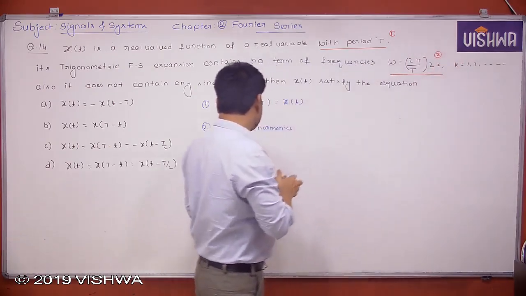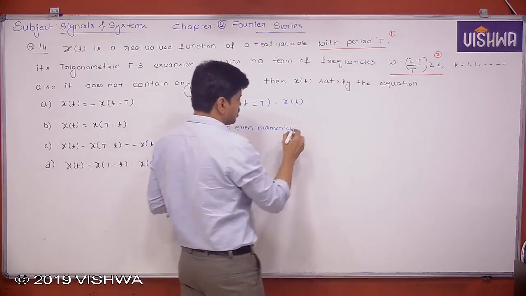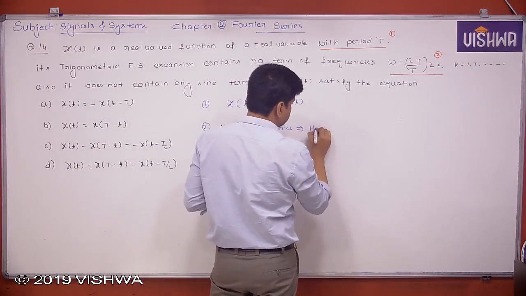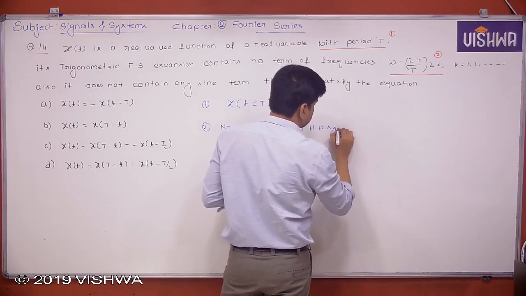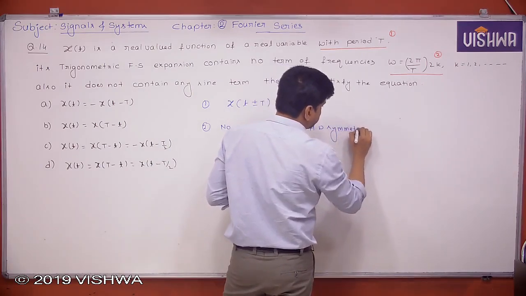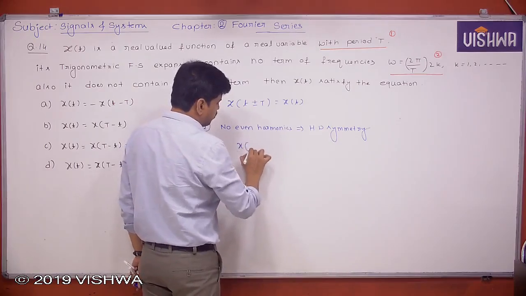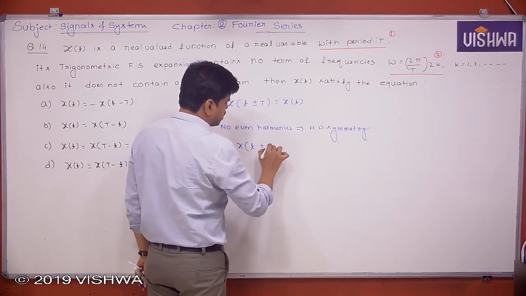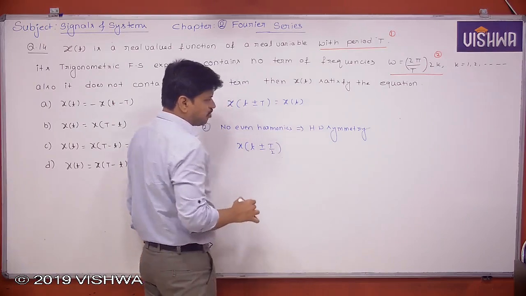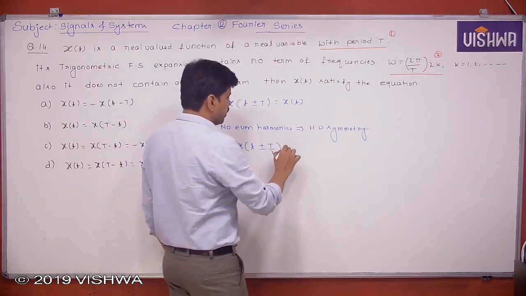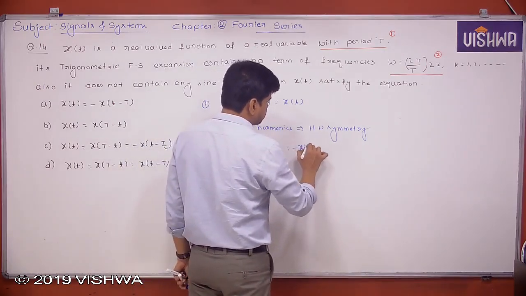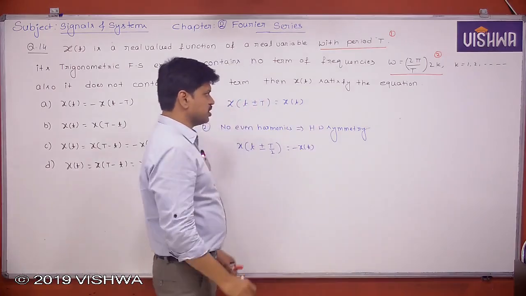So if it does not have any even harmonics, that means half wave symmetry. If it is exhibiting half wave symmetry, then can I write like this? X of t plus or minus T by 2. If you move half of the period, if it is half wave symmetry, we have to get minus x of t. This is the one thing.